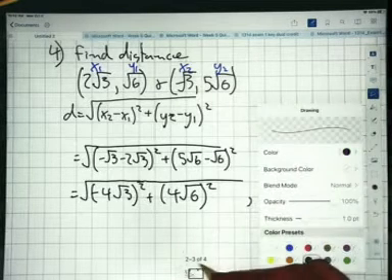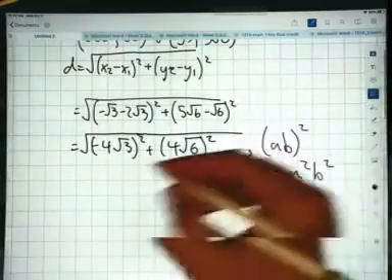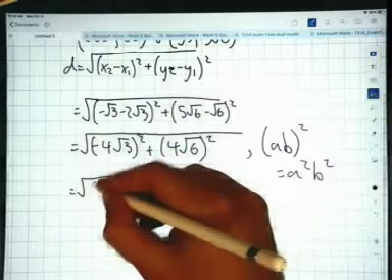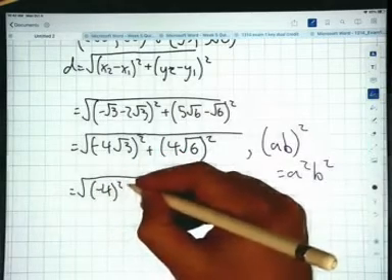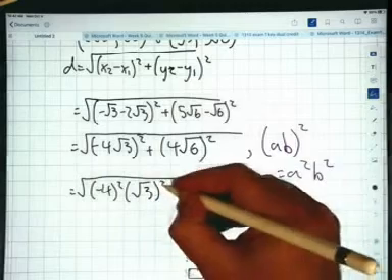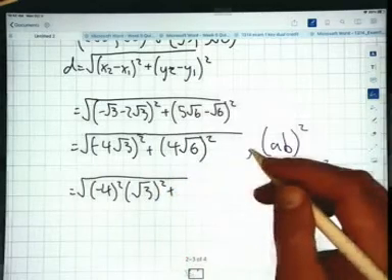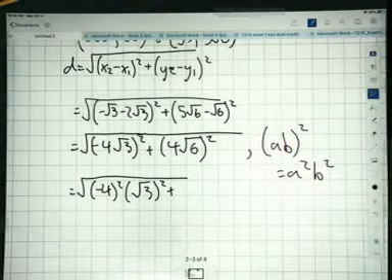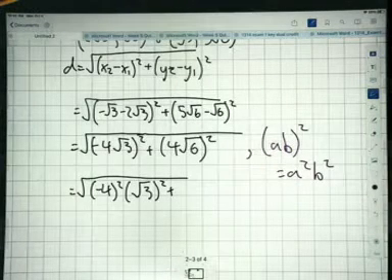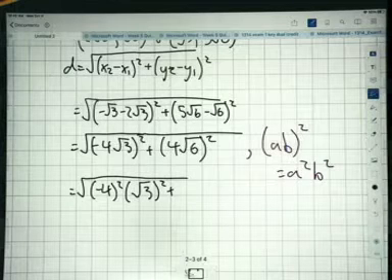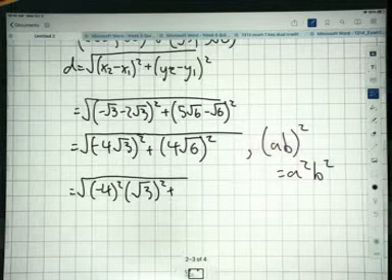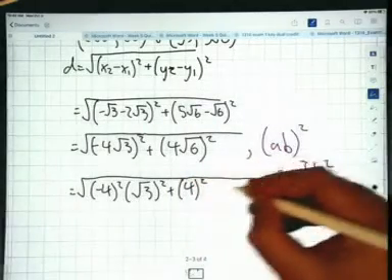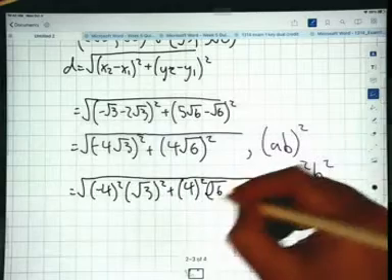So when I apply these exponents, these squares, I end up with a negative 4 squared times a root 3 squared plus a 4 squared times a root 6 squared.